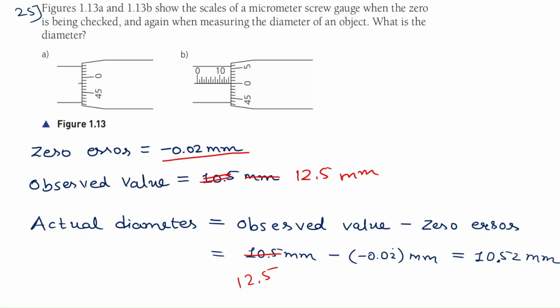You have to subtract the zero error. At the end, you just add this value, and you get the answer, about 12.52 mm. This is your final answer. So I hope you understand how to add, and when we use negative error and when we use positive error.